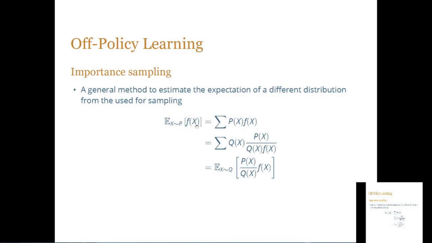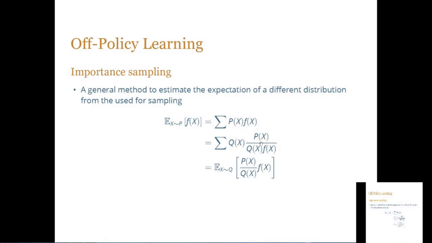Here you can see an expectation of this function, f. Imagine that I want to compute this expectation with respect to probability p. I can generate samples from another distribution, in particular q, and by reweighting these samples, I can get an unbiased estimate of the thing that I want to take the expectation of. You can multiply and divide by the same quantity, and then take this expectation over q.